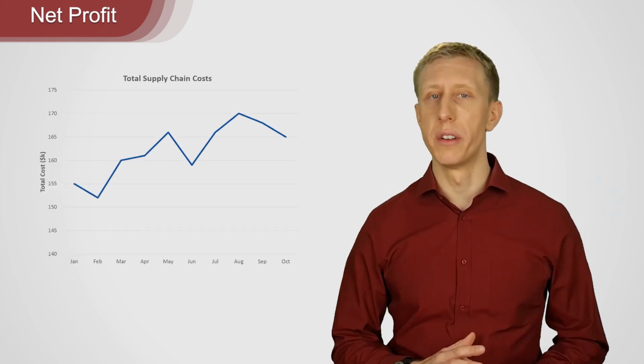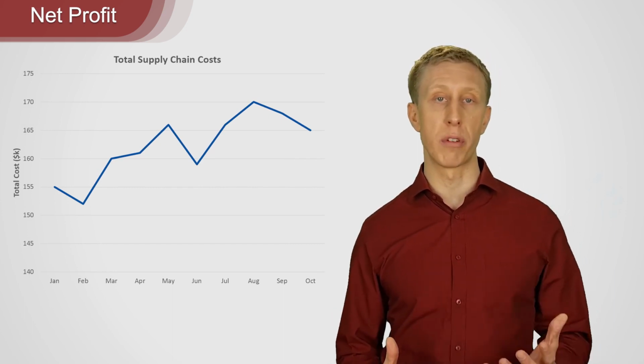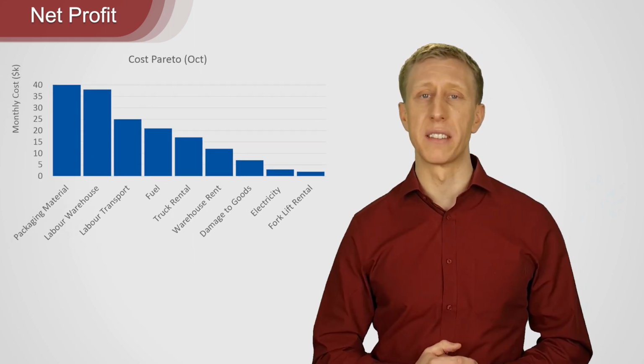Whilst maximizing revenue, we also need to be minimizing costs incurred by the supply chain operations and tracking costs over time. Cost drivers vary hugely by company, but make sure you have some overall measure of total costs and know to some level of detail how they break down and which are the biggest.